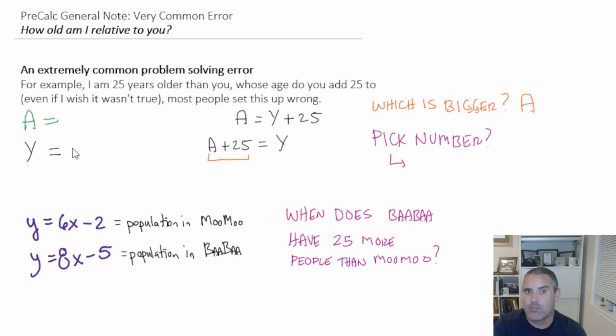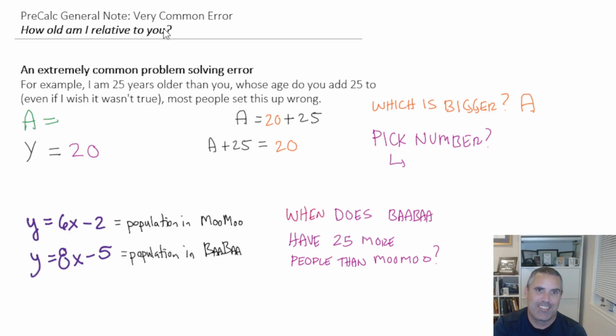So let's say your age is 20. I feel like the moment I write that down, people know what to do. Do you add 25 to that or subtract 25? Like I said, the moment you write it down, you know what the answer is. If this is 20 and this is my age, which one of these equations is right?